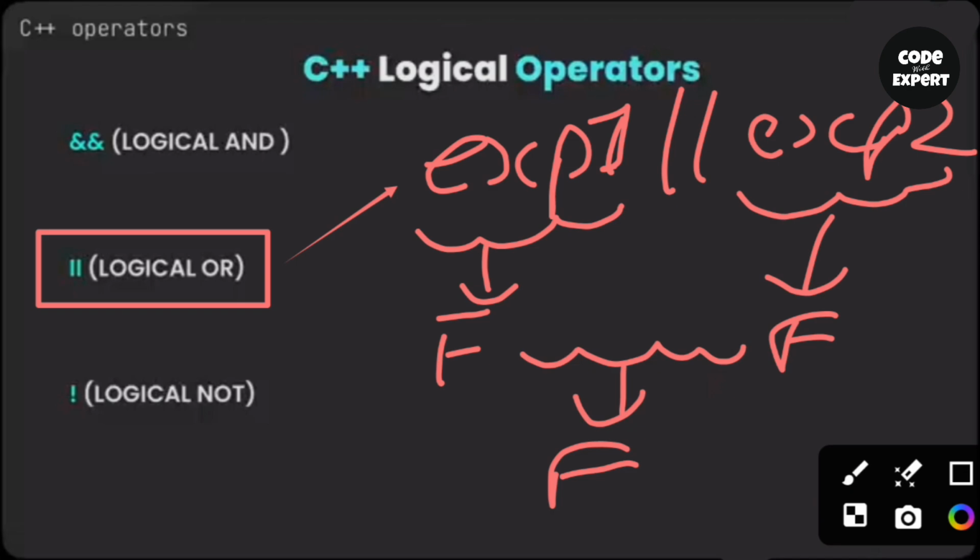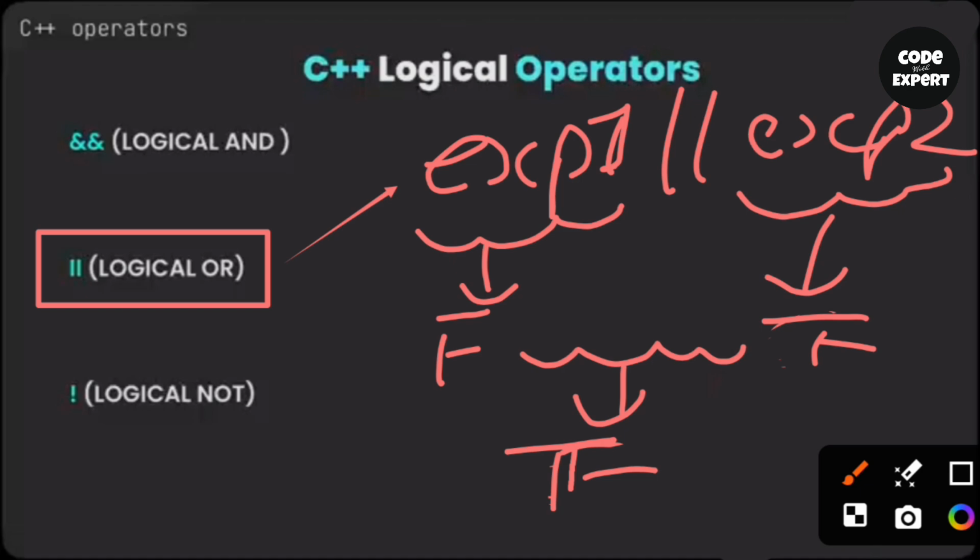If one of them is true, our compiler will give true. Again, if one of them is true in logical OR, the compiler will give true, but if both of them are false, the compiler will give false.